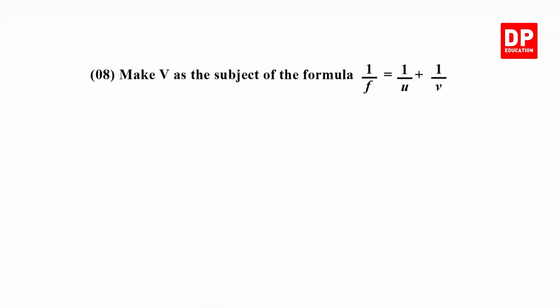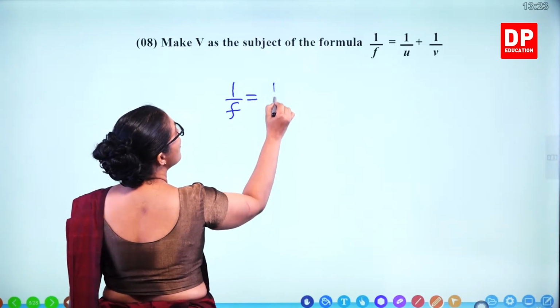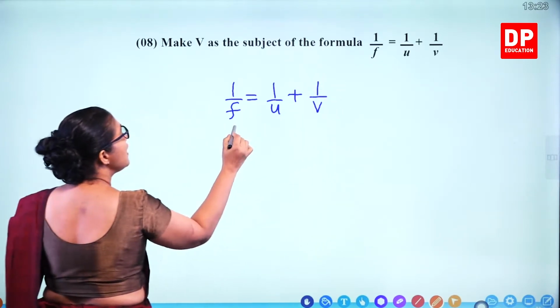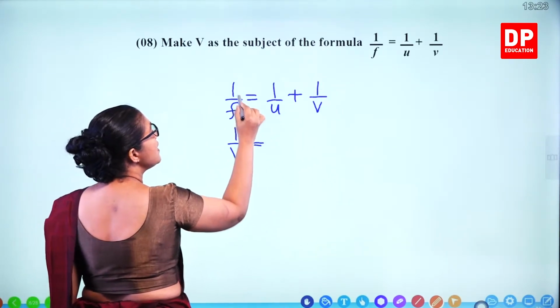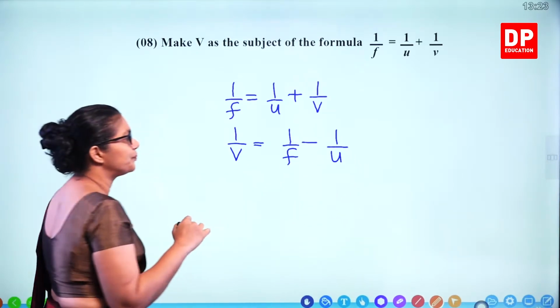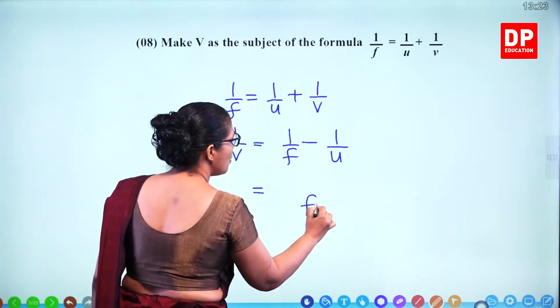Question number 8. Make V the subject of the formula. 1 over F equals 1 over U plus 1 over V. So we'll keep 1 over V on one side. That means 1 over F minus 1 over U. So make the common denominator FU.